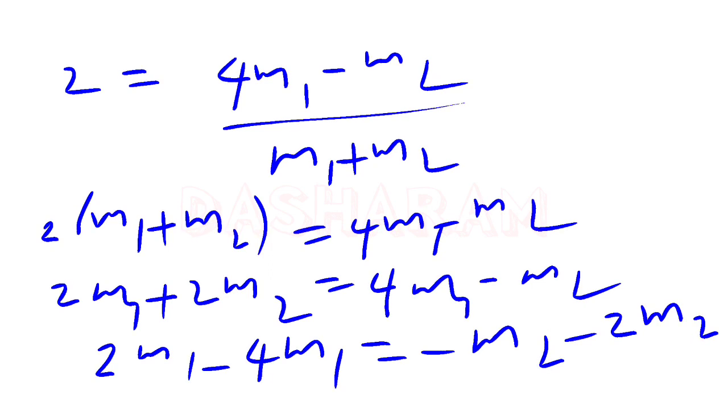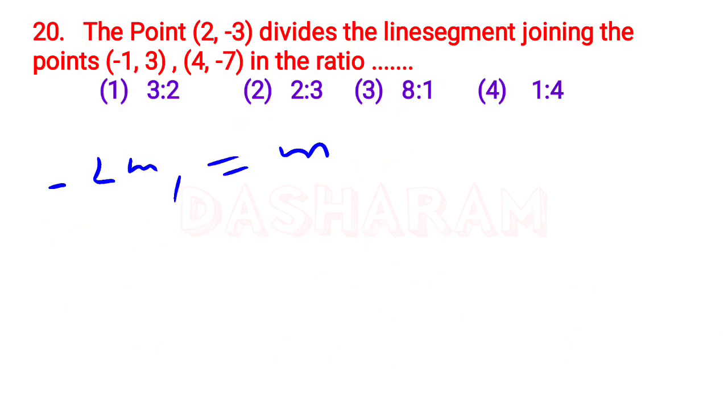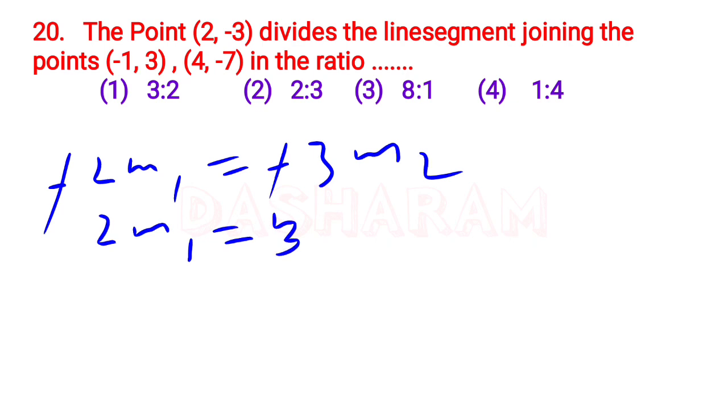Sorry, the 2m2 transposes to the RHS, so it becomes minus 2m2. Now 2m1 minus 4m1 is minus 2m1, and minus m2 minus 2m2 is minus 3m2. Now we can cancel the minus on both sides. Minus minus cancel. 2m1 equals to 3m2.